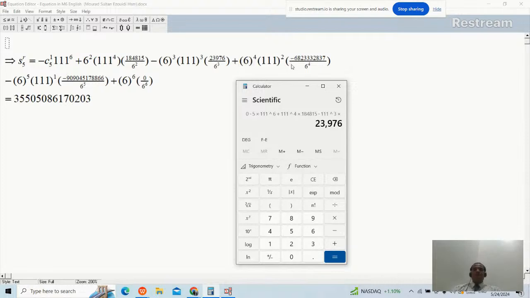Plus times minus is minus, so I will write minus 111 squared times 6,823,332,837.